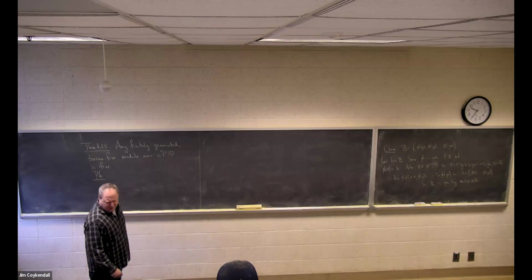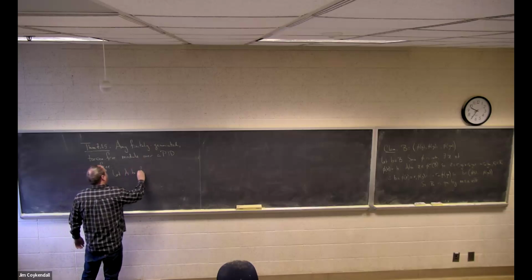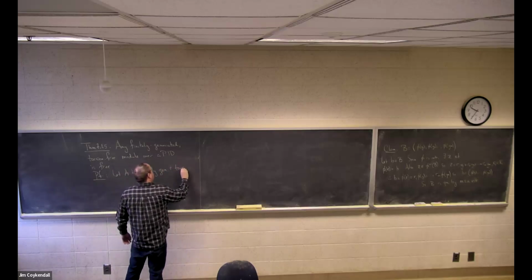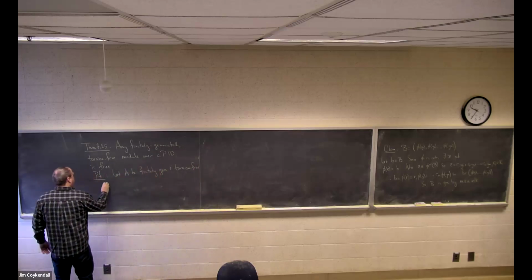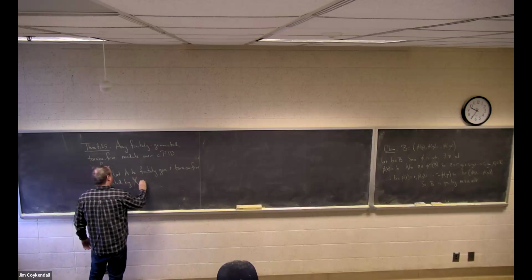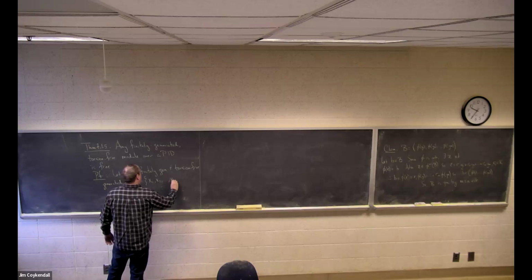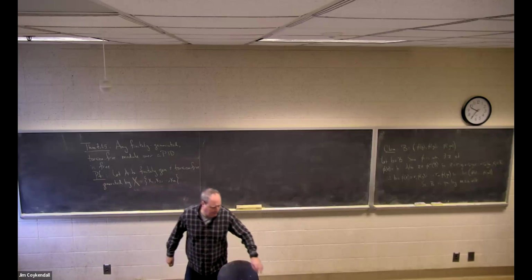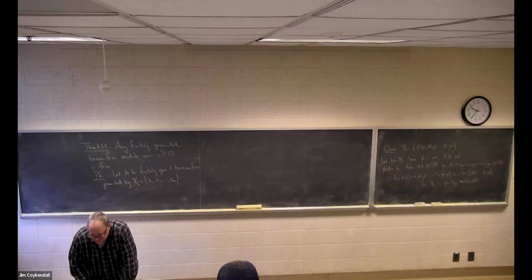So let's do this. Let A be finitely generated and torsion-free. And we'll say that it's generated by the set of elements here. Our assumption is finitely generated, and it's also torsion-free.